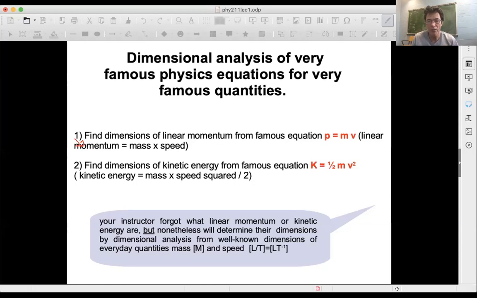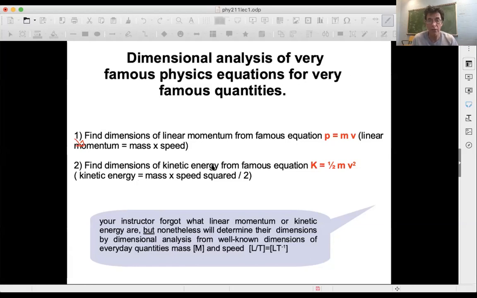It's a famous equation, but the equation we're told for linear momentum is that it is the product of mass and speed. We're going to use dimensional analysis on that equation to find the dimensions of momentum. Then we're going to do a similar thing in question number 2 down here. It says, find the dimensions of kinetic energy.